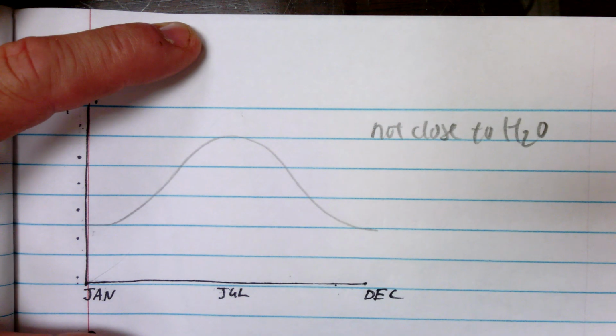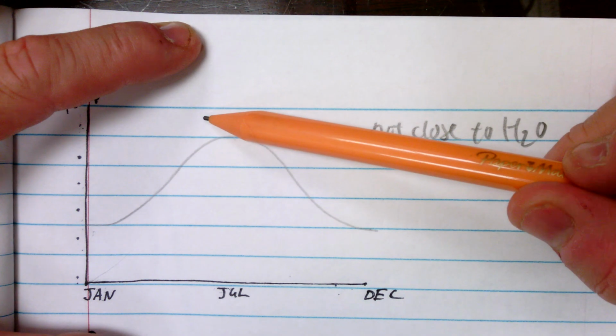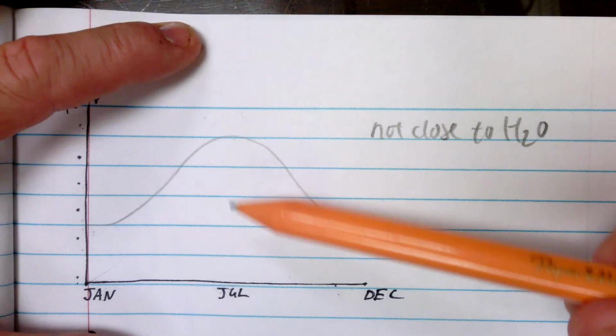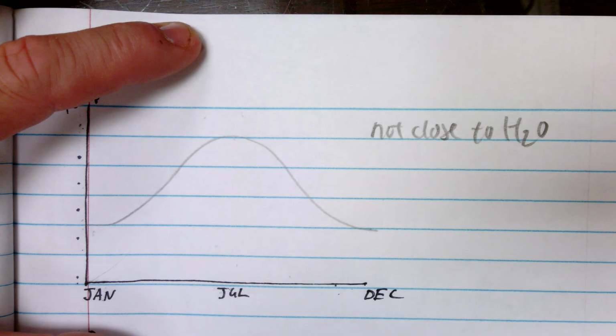Okay. Do you think it's really close to the equator? Well, it can't be really close to the equator, because if it were close to the equator, it would be hot all the time. Can it be really far from the equator? No, because if it was really far from the equator, it'd pretty much be cold all the time. So this is a place that's kind of in the middle.